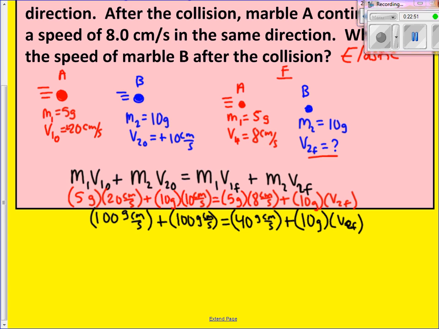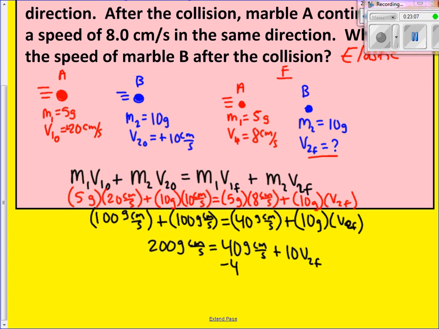If I clean up the left side, that's going to give me 200 grams centimeters per second is equal to 40 grams centimeters per second plus the 10 V2 final.